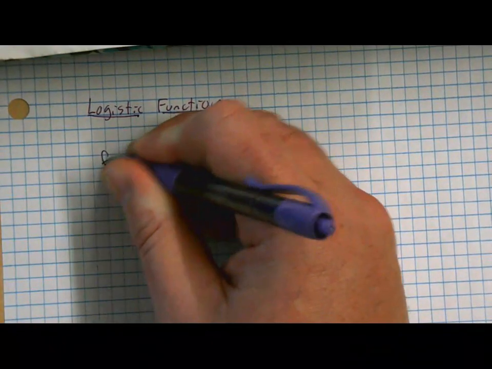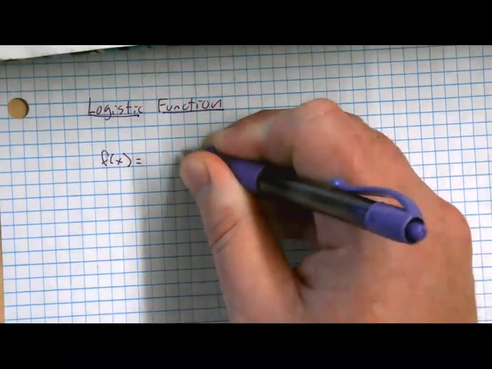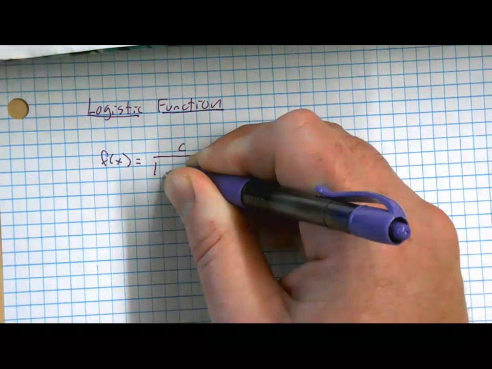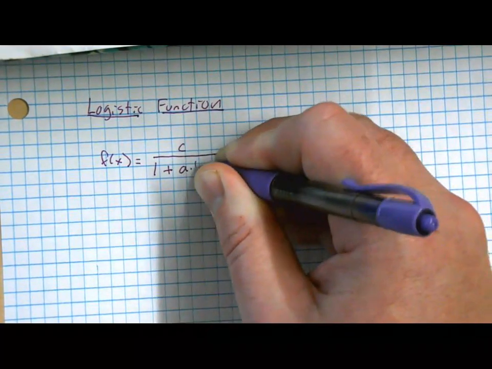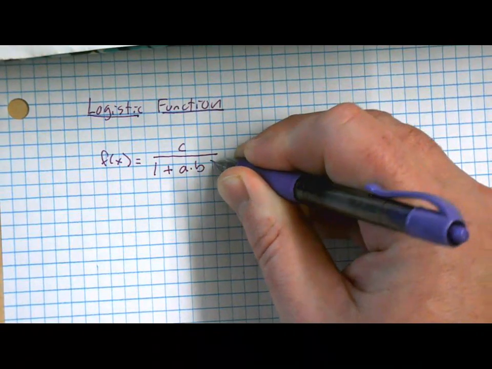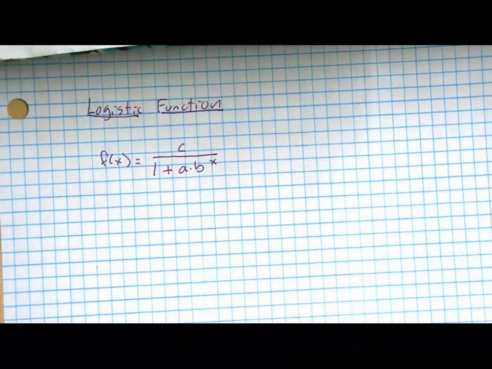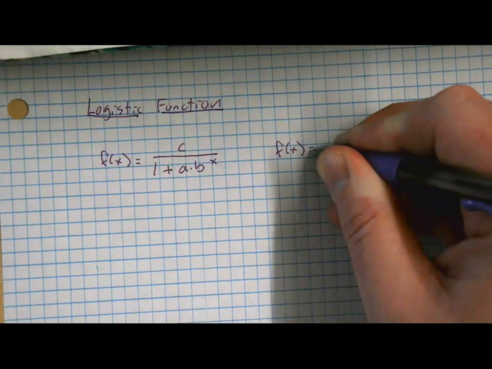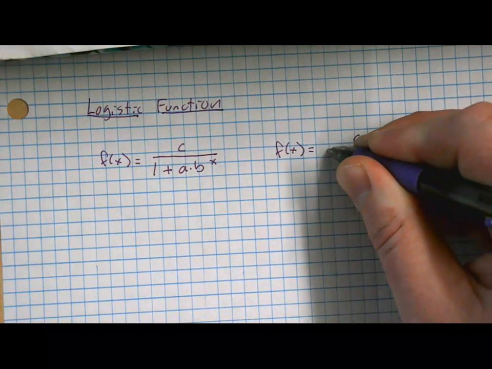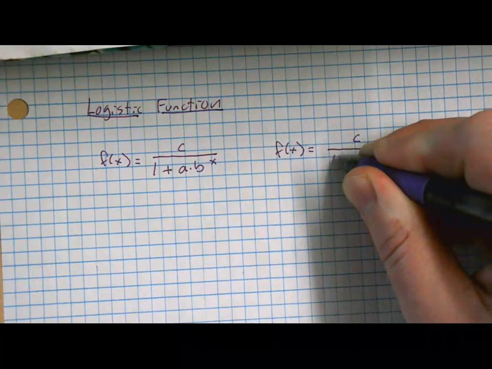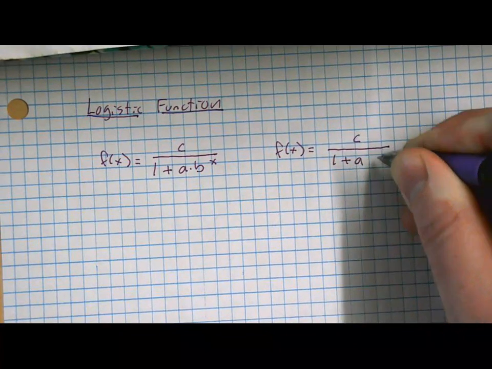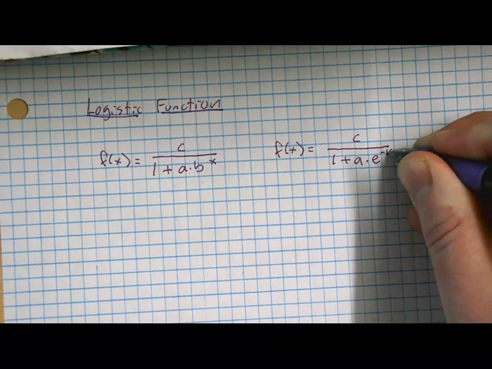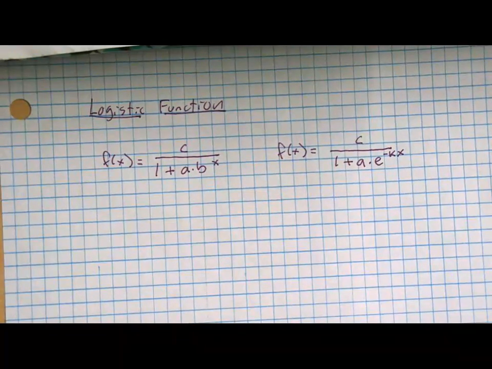So f of x equals c over 1 plus a times b to the x power is one version. And f of x equals c over 1 plus a times e to the negative kx is the other version.